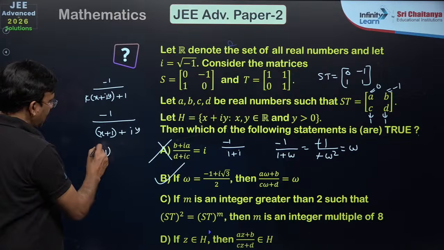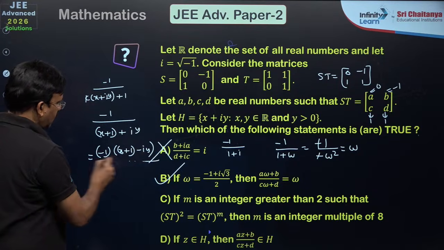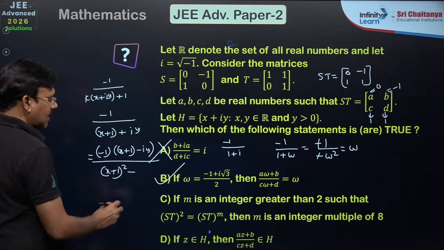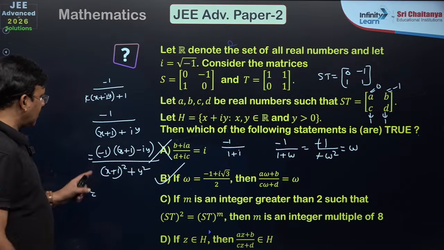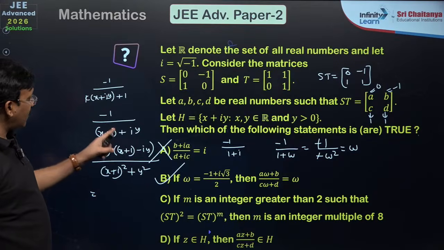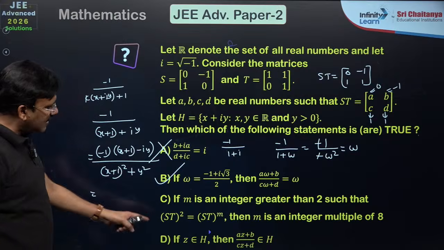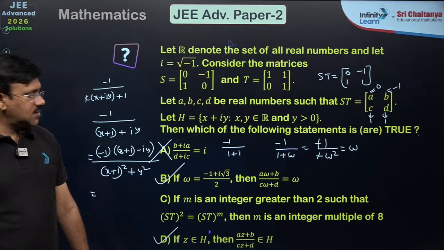You just multiply with x plus 1 minus iy, over a square minus b square, which gives y square. You just see the imaginary part, it is plus y by this, where y is already positive. So clearly it again belongs to H. This is correct.